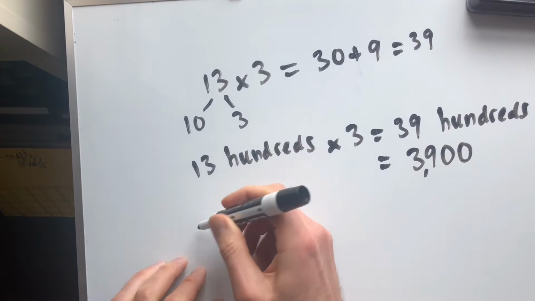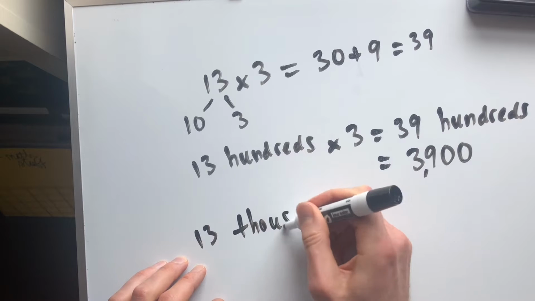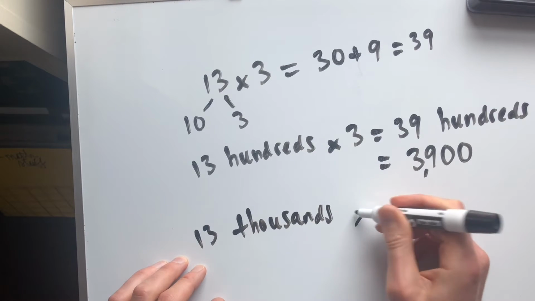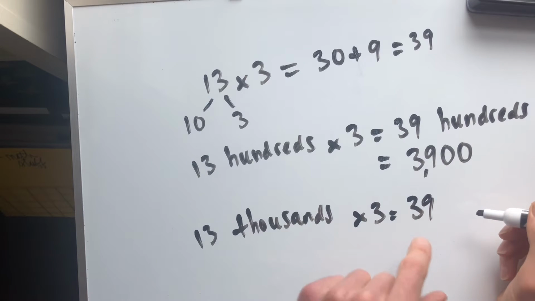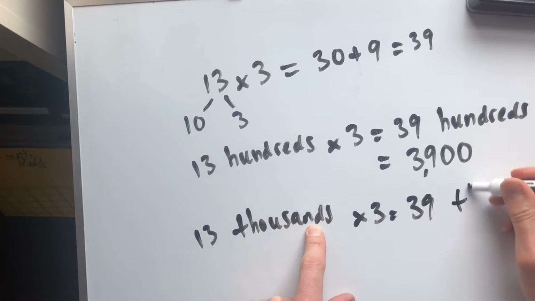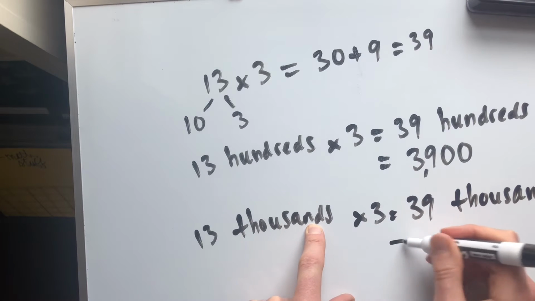And if you see 13 thousands times 3, well, guess what? It's 39 thousands, right? So what's that look like?